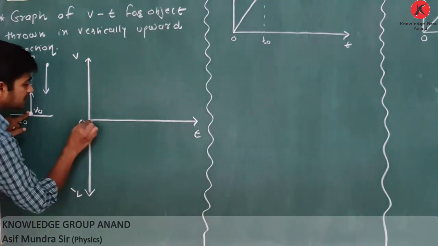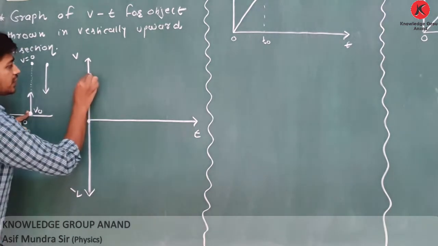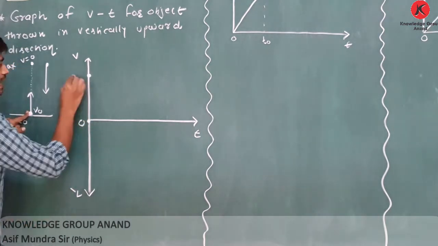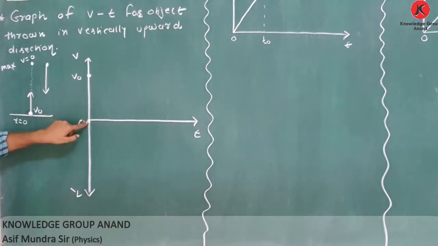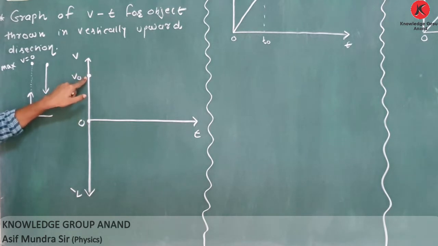So at t equal to 0, its velocity is maximum, and it is v0. Now why is it on the positive v-axis? Because you are throwing the object in the upward direction, and in the upward direction we have taken the sign positive. So at time t equal to 0, velocity is v0.